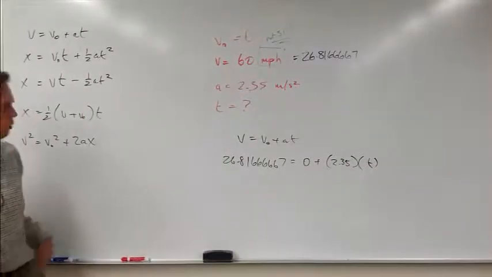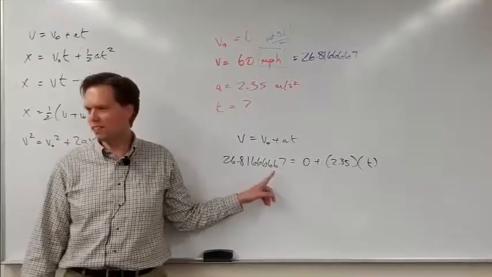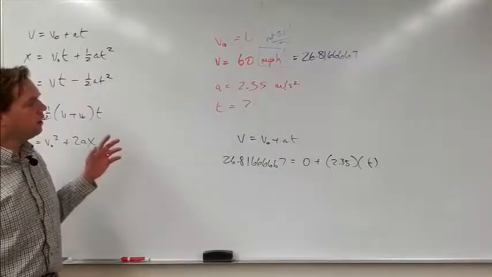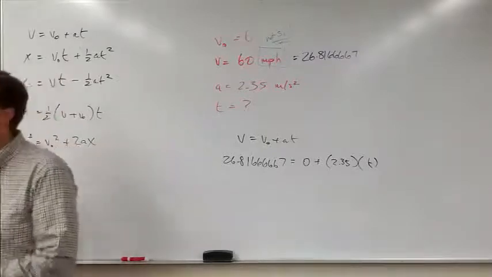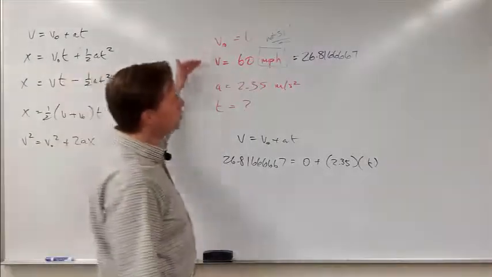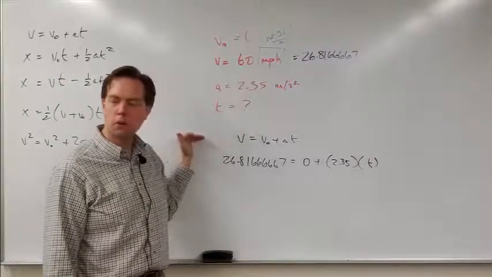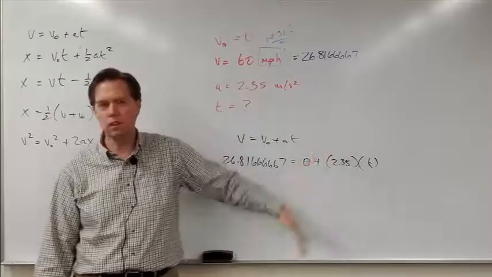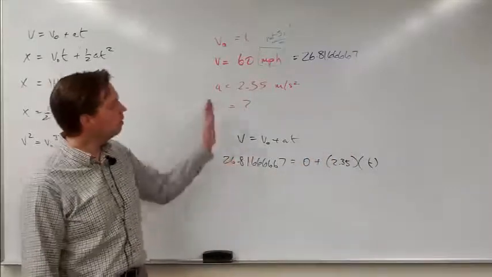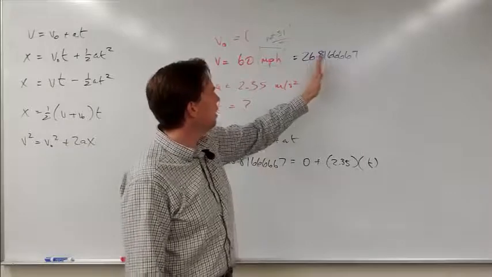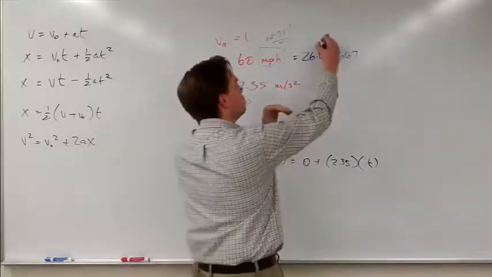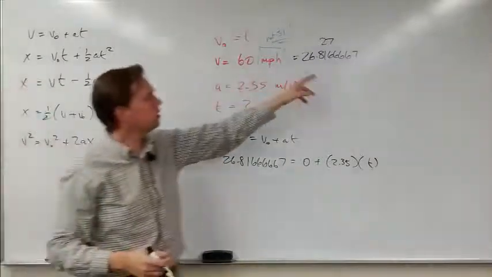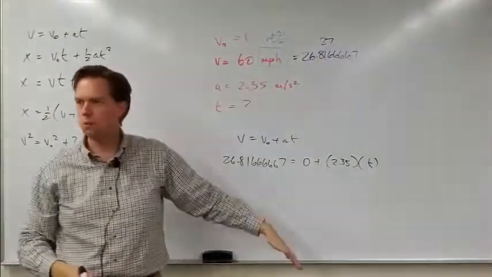Now at this point, someone should say, what? Stop being an idiot. Don't write so many sixes there, okay? I am trying to make a point though, is that in the intermediate steps of the problem, you always want to keep more digits than you're going to need at the end, okay? Because if I were to snip this down to the two significant digits and write this as 27 right here, what that does is it actually introduces an error that will propagate through my solution.